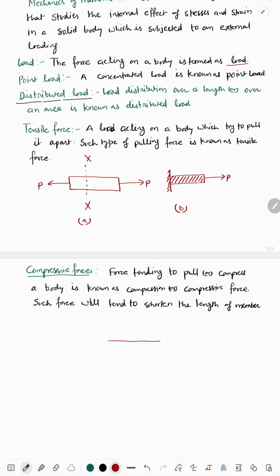Let us take a solid member, and when a compressive load is applied on the member, it will try to shorten or contract it, and the length of the solid object will reduce. Here force P is applied from both ends.